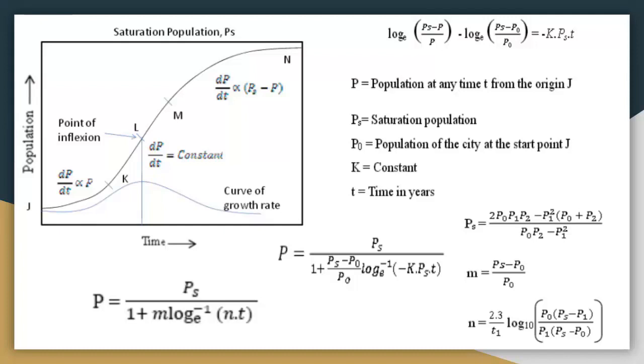And in calculating population, that is forecasting populations, the equation for Ps, equation for m, equation for n, and equation for P, we have to remember. All these four equations you have to remember. Now we will move on to a problem.